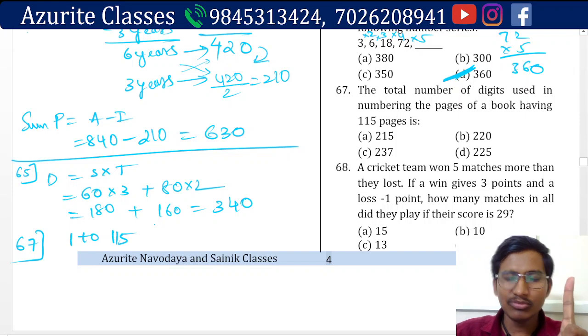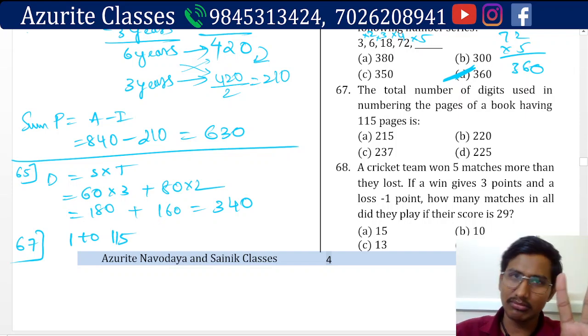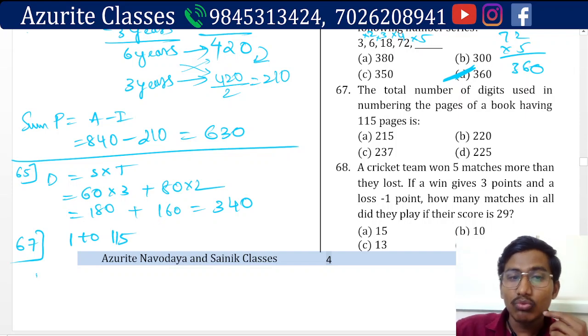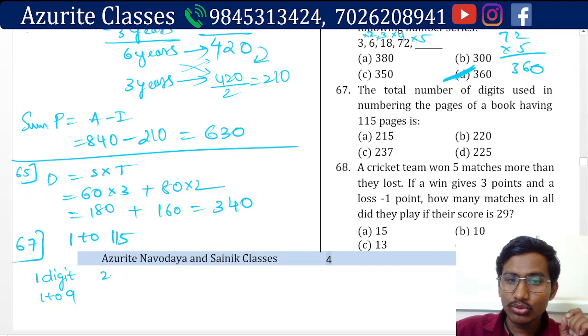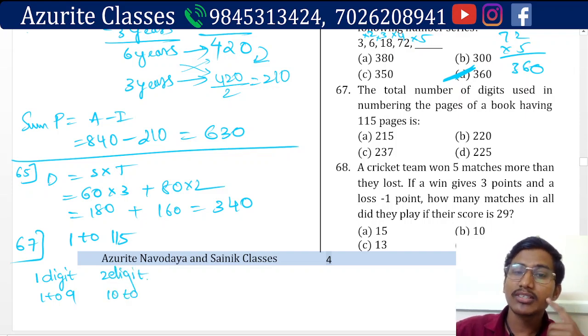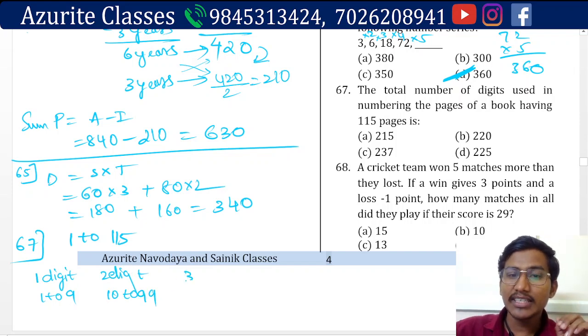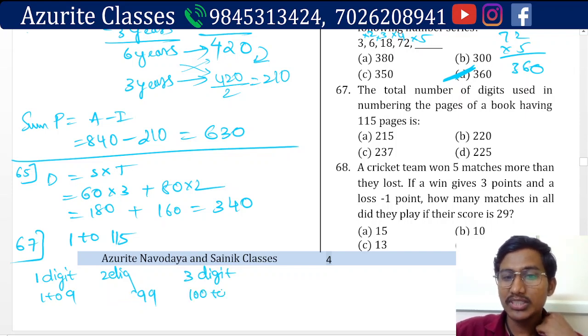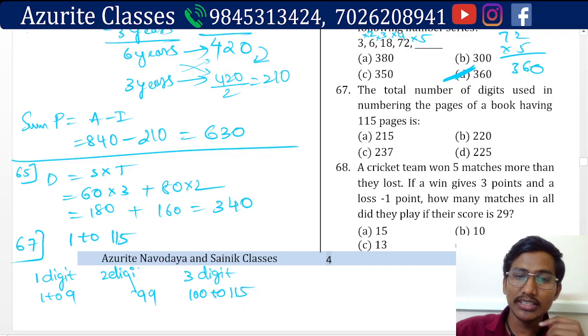There will be one digit numbers, two digit numbers, and three digit numbers. One digit numbers are 1 to 9, two digit numbers are 10 to 99, and three digit numbers are 100 to 115.